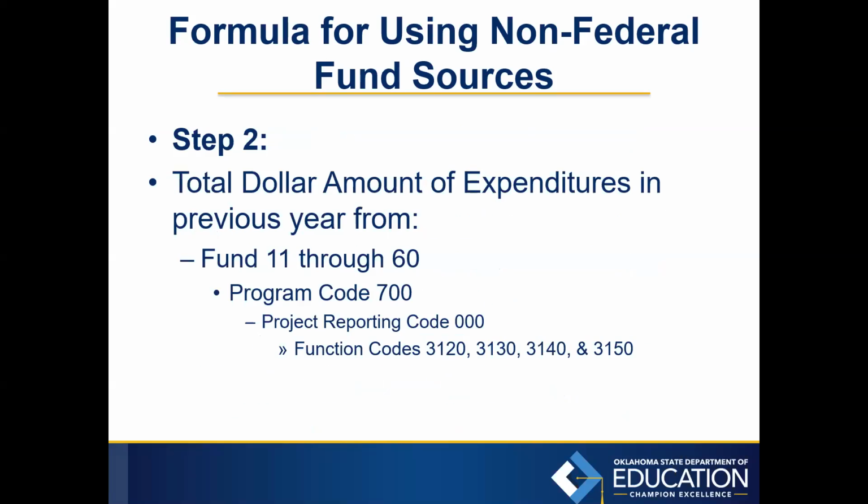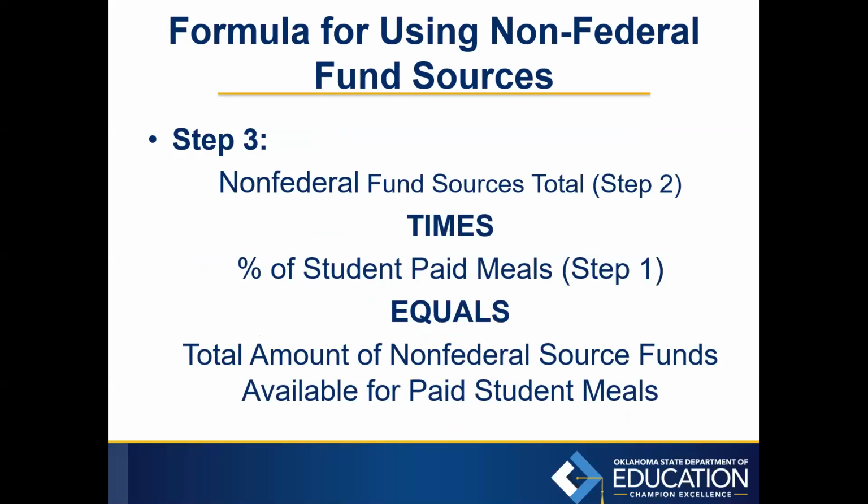You're going to look at all those expenditures. Then in step 3, you're going to take those non-federal fund sources that you had in step 2 times the percentage of your paid meals in step 1. This amount equals the amount of non-federal funds that are available to cover those paid meals.